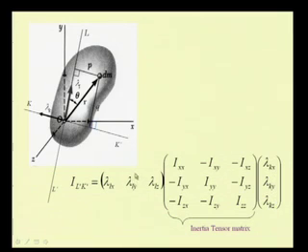So, now we see that the product of inertia again can be written in terms of the inertia tensor matrix.